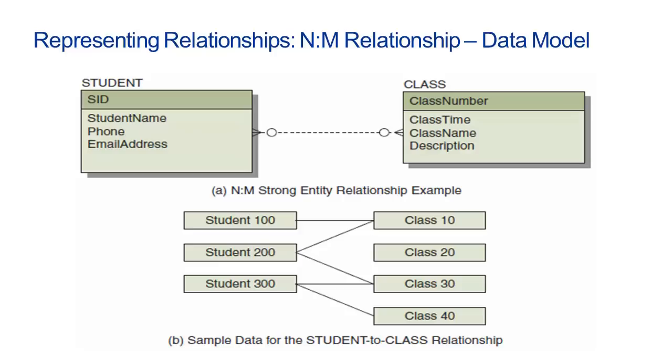So conceptually speaking, a student can take many classes, and a class can contain many students. This is a many-to-many relationship. We cannot, unfortunately, implement this type of relationship directly in a real-world database.